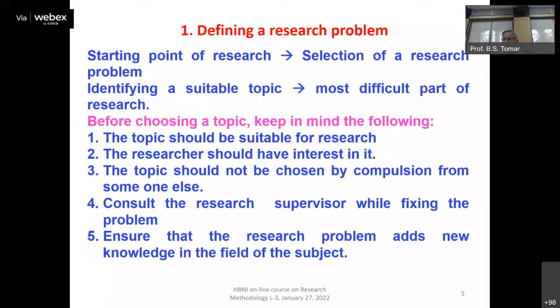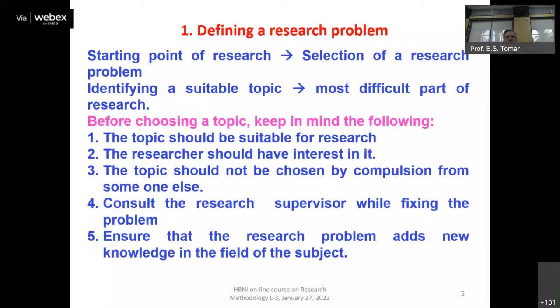Identifying a suitable topic. Before you define a research problem, you have the broad canvas. Mostly when you join a particular institute, you know the faculties and their areas of interest. And then you know this particular faculty works in this area, this topic.